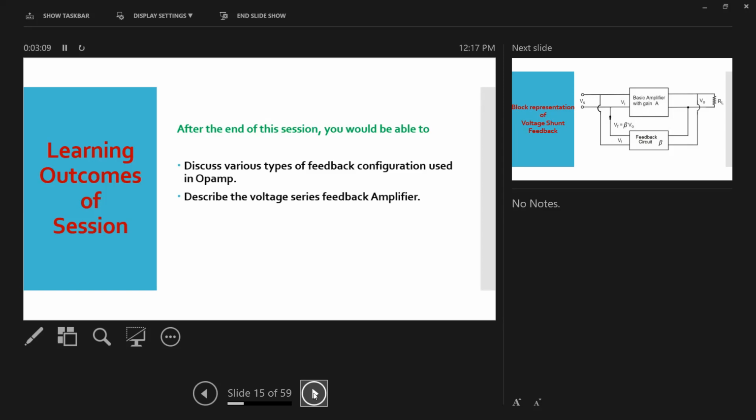We started to discuss that in the last session, but we have completed only the first one, that is the voltage series. Now the remaining 3 we'll be discussing today first, and then after we'll start describing the operation of voltage series feedback op-amp amplifier. That is going to be used in our actual op-amp circuit, right? So that we'll be discussing today.